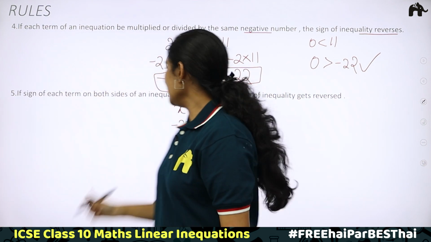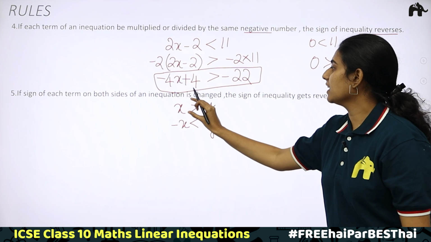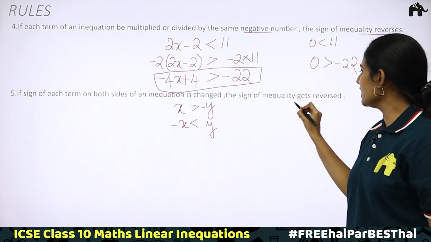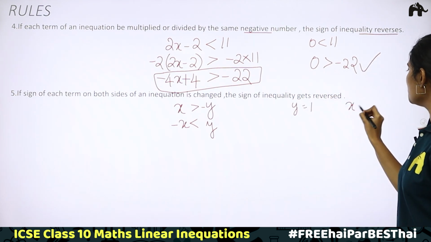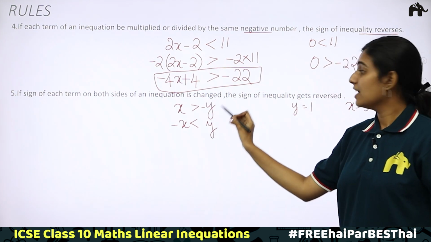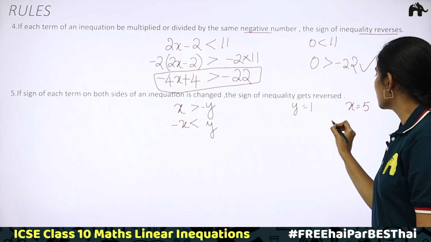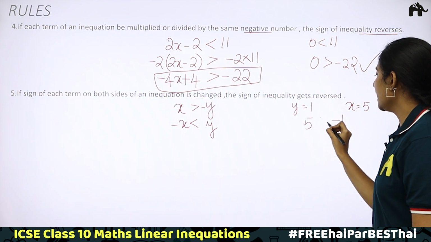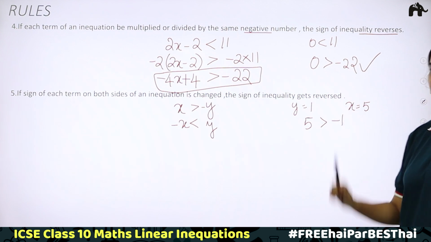Okay, let's see if this rule is obeyed. x should be a number that is greater than minus y. Let us take y is equal to 1 and x is equal to 5. When I put y is equal to 1, minus y will be equal to minus 1. x is 5. 5 is greater than minus 1. Yes, 5 is a number that is greater than minus 1.